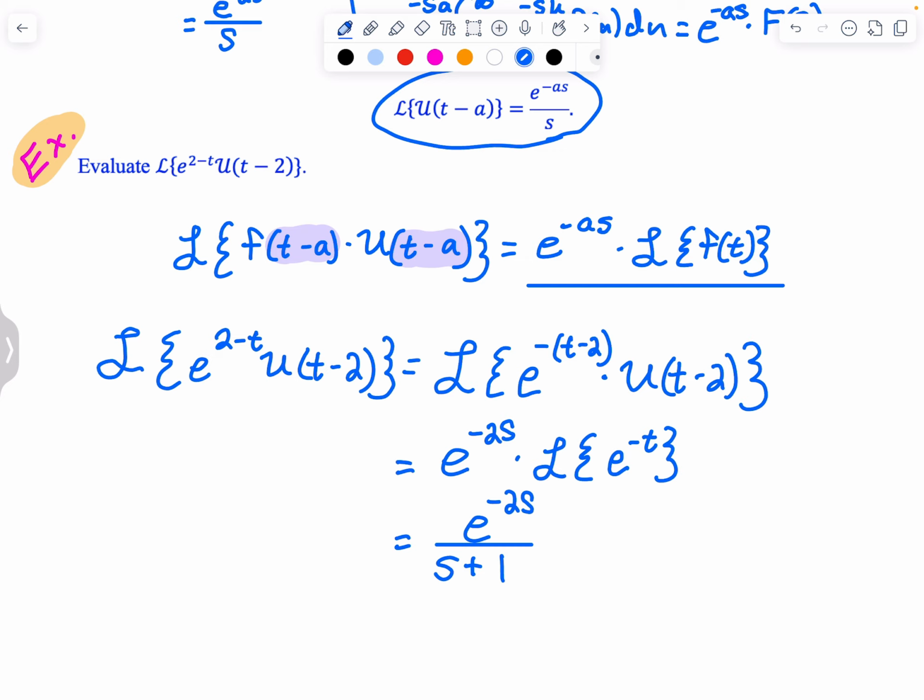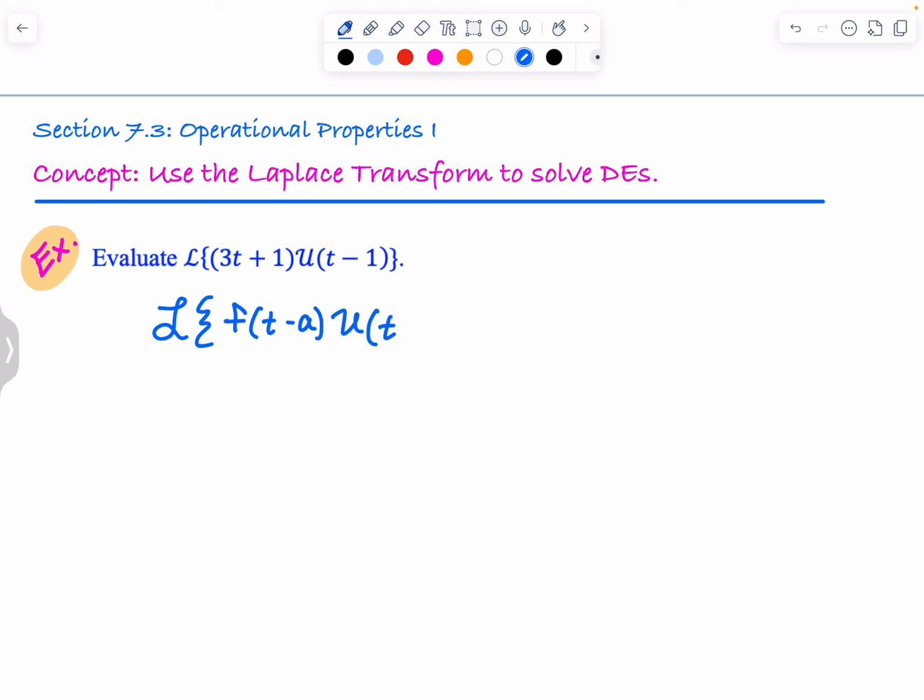The Laplace of f of t minus a times the Heaviside of t minus a is equal to e to the negative as times the Laplace of just f of t. Okay, so the thing is, again, I'm going to keep pointing out, this is what was difficult for me at the beginning, is I would just take off. T minus a has to match.